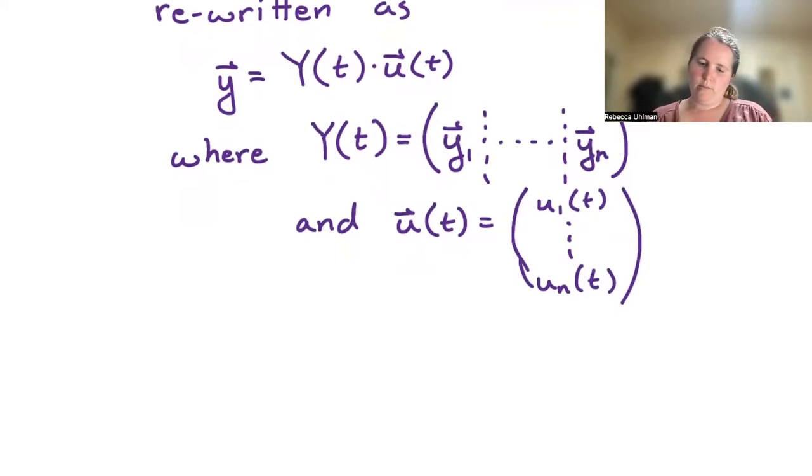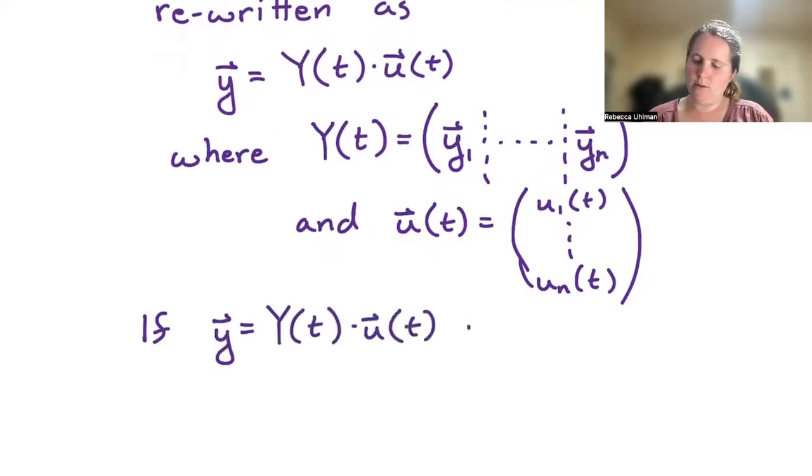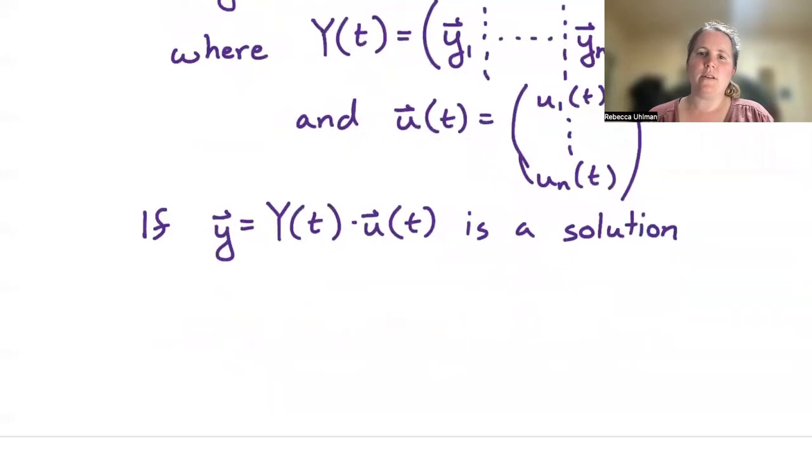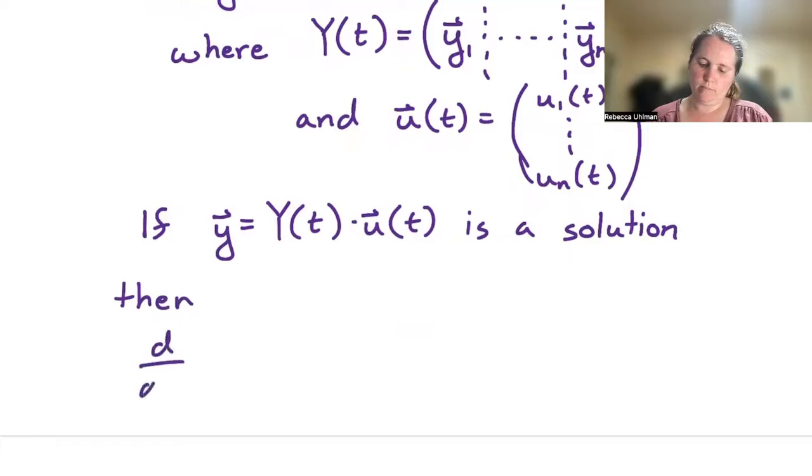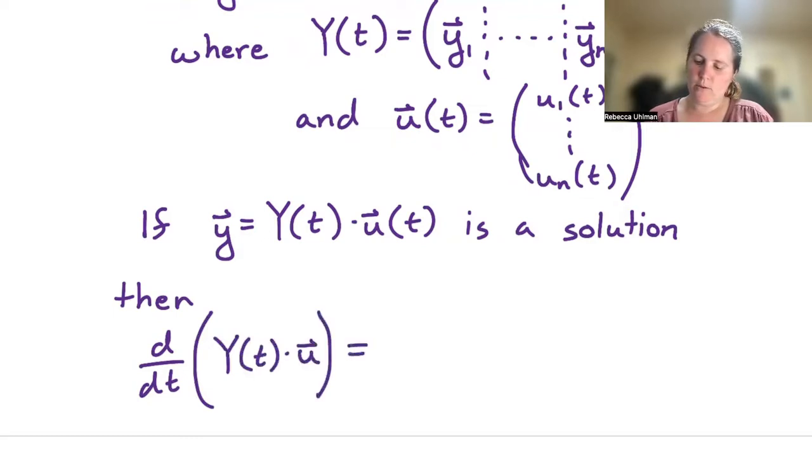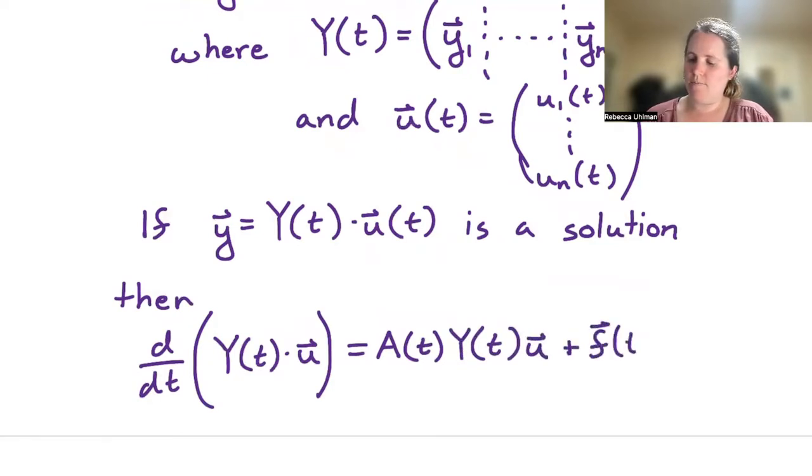So if y equals Y of t times u of t is a solution, then we get that the derivative of capital Y of t times the vector u should be equal to A of t times capital Y of t times the vector u plus our f of t.